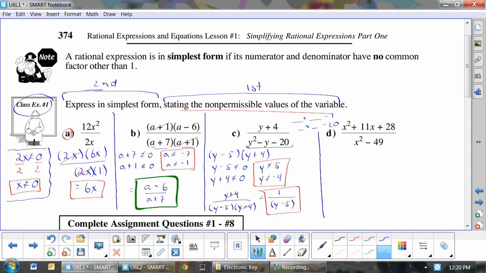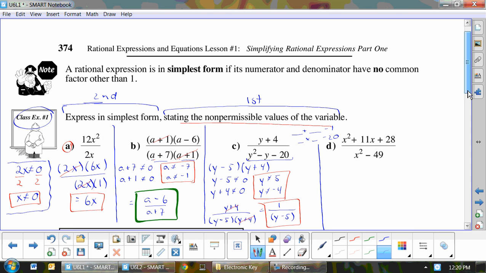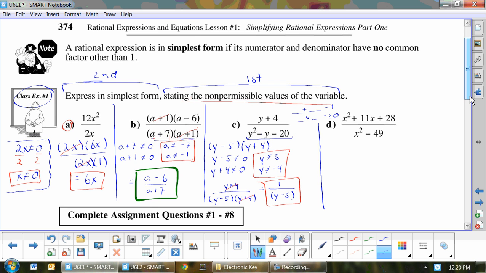Okay, so for this one, for factoring our numerator, we go, what plus what is equal to 11, and what multiplied by what is 28. Good work. So 7 and 4.